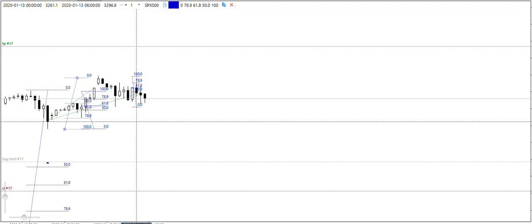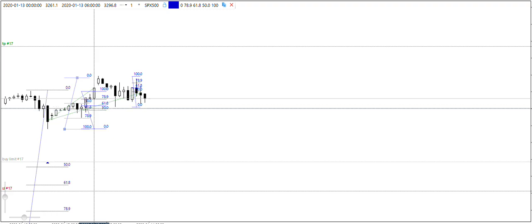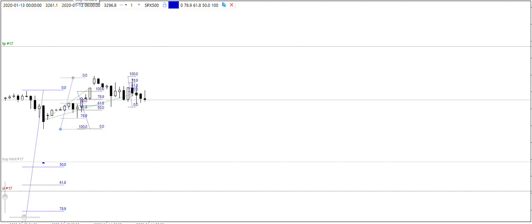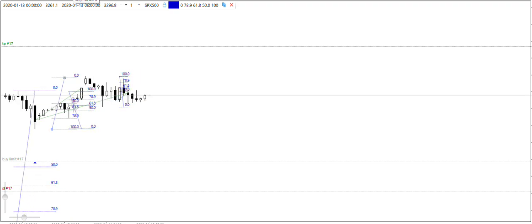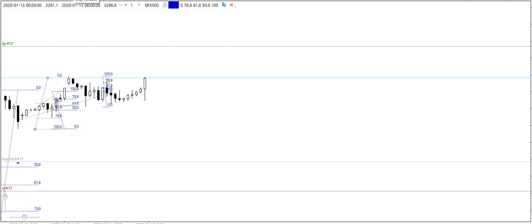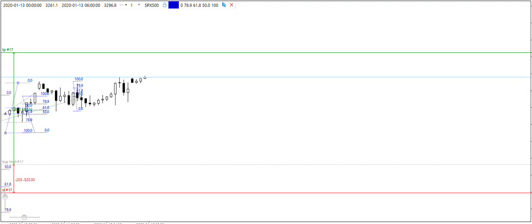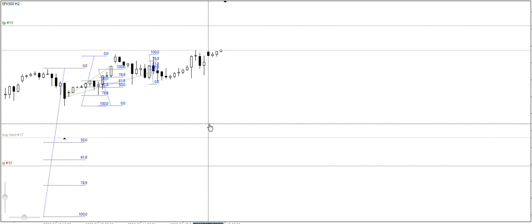See, it's coming down. So where are we? The 50's here. We're not quite below it, so there should be some type of rejection. Here we go. There's the rejection and the move up. If I wasn't such a chicken, I could have held that and that could have kept going up.